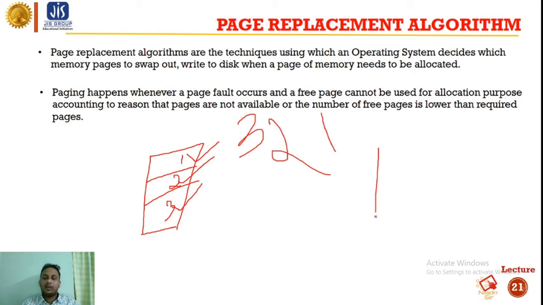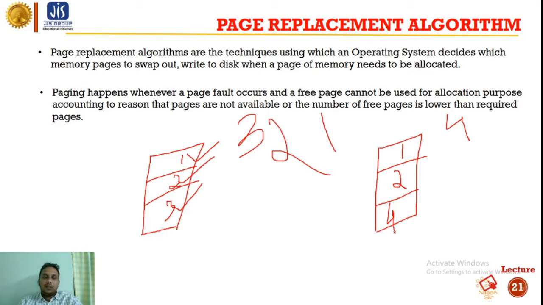Another case: suppose this is the memory, which can store 3 pages. 1 is there, 2 is there, and this one is free. 4 is to be inserted, so there is no page fault. 4 will be inserted there as there is free space available.